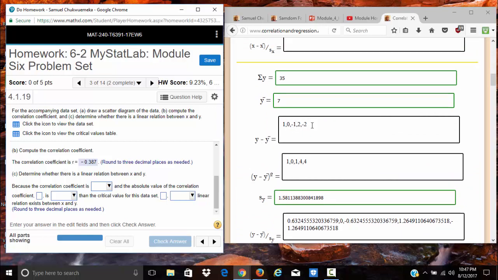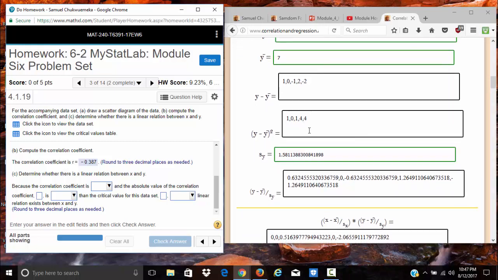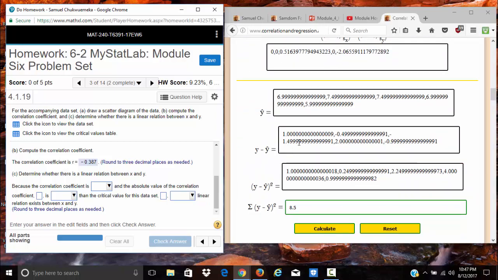This is the square of the residuals. These are the residuals, these are the squares of the residuals, and this is the sum of the squared residuals right here.